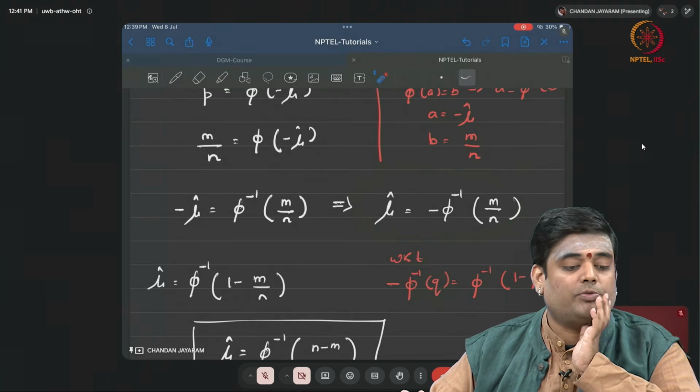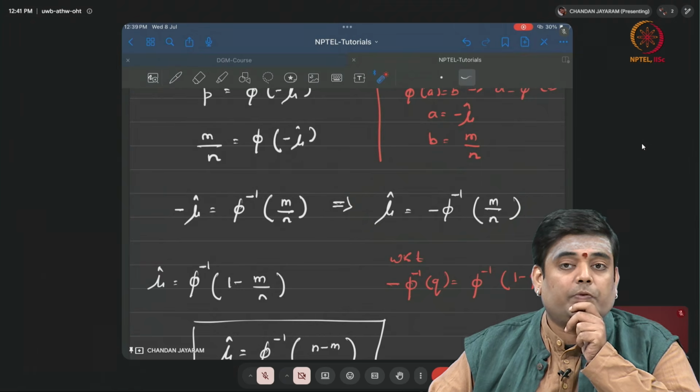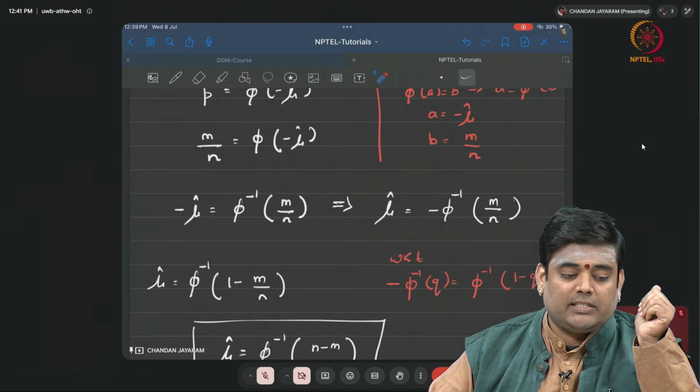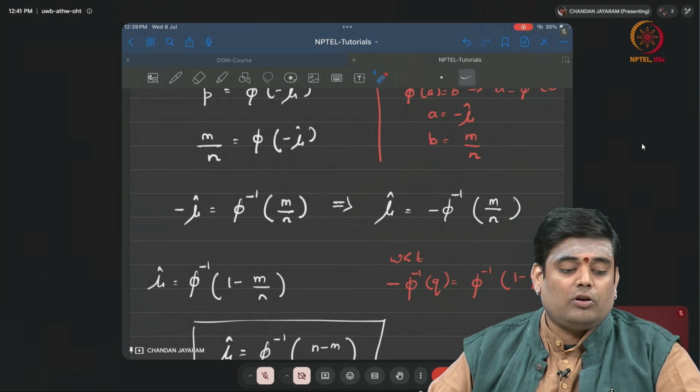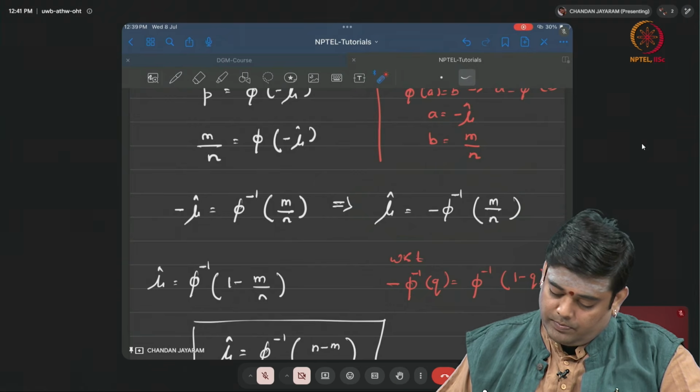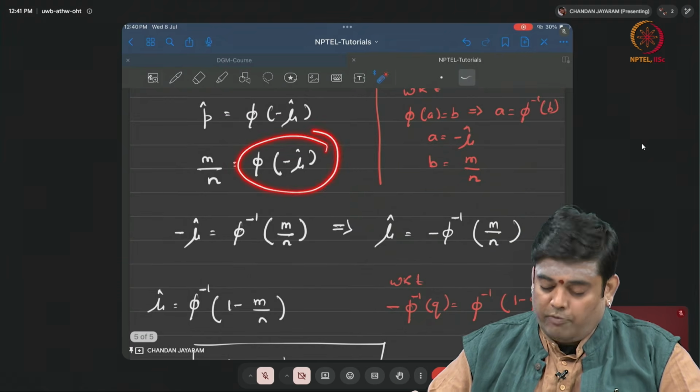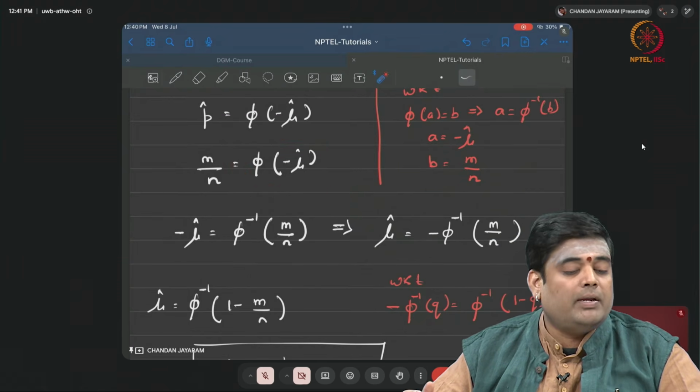If we have many negative observations, then m over n will be large enough. Therefore the term phi of minus mu hat will be large.